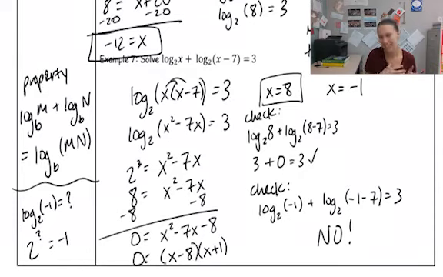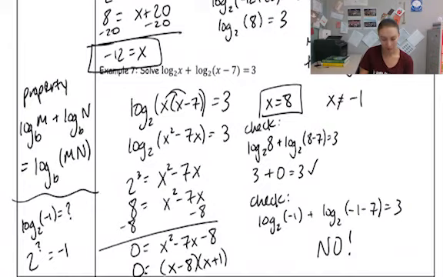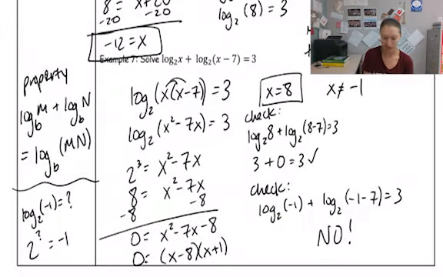Even 2 to a negative exponent would just make it a fraction. So you can't take a positive base to an exponent and get a negative number. So x can't equal -1. Now be careful, it's not because x is negative. We had x equals -12 in our last example, and it was just fine. It's because after we plug it in, we ended up with a negative argument. So we have x equals 8, x can't equal -1.